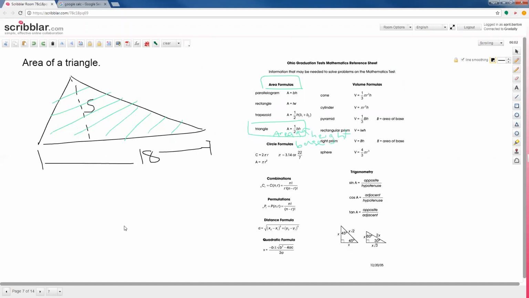So now we can plug our information in. 1/2, we talked earlier about having a number next to a letter really means multiply. So 1/2 times the base times the height.